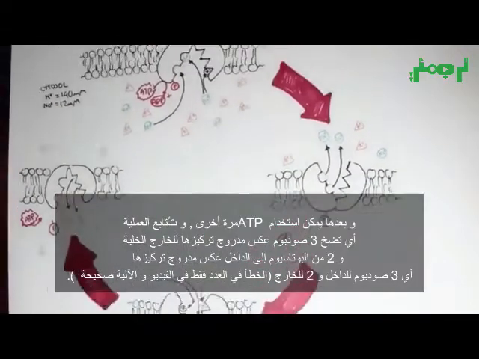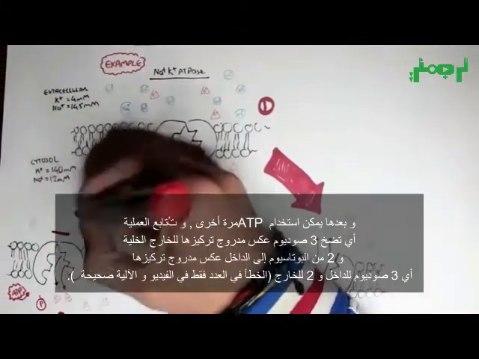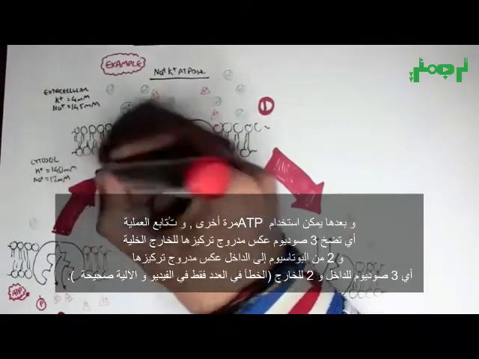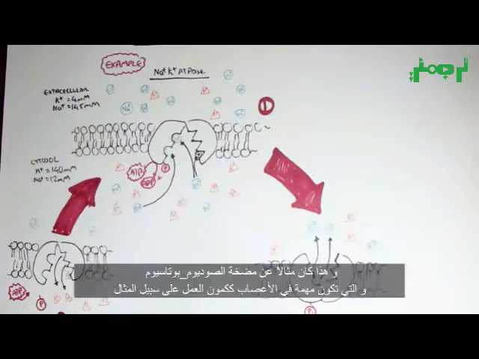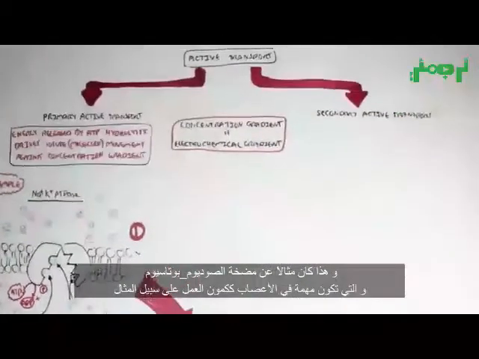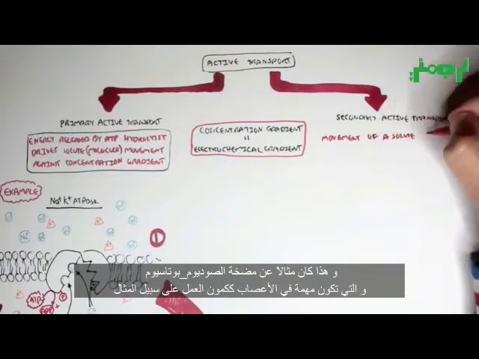And ATP can be used once again, and this process can continue. So two sodium ions will get pumped against their concentration gradient to the outside of the cell, and 3 potassium ions will get pumped back inside the cell against their concentration gradient. So 2 sodiums out, 3 potassiums in. And that was an example of a sodium-potassium transporter, which is important in the neuron, for example, for the membrane potential.